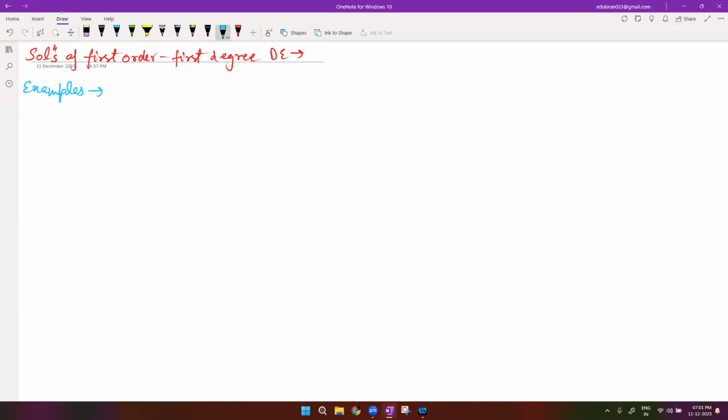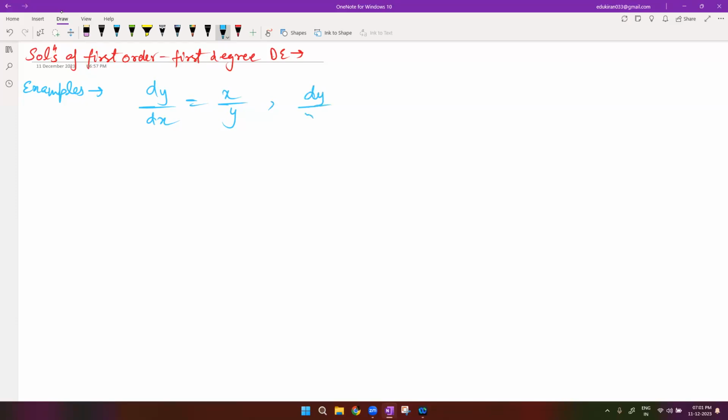Right? So I'll give you some examples for this. Like, for example, this. This is a first order, first degree differential equation. So only dy by dx will be used, and the power of dy by dx will also be 1, not more than that. So this is the first order, first degree differential equation.